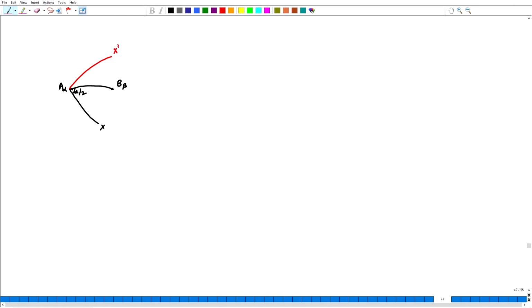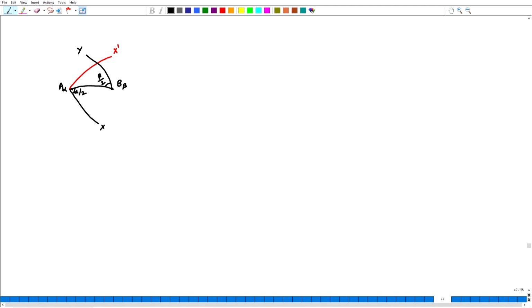and let me call that A x prime. Now, I do a similar construction at the pole B. I draw another great circle at point B, which is at an angle of beta by 2 with respect to the great circle A B, and let us call that great circle B y, and this angle out here is beta by 2.